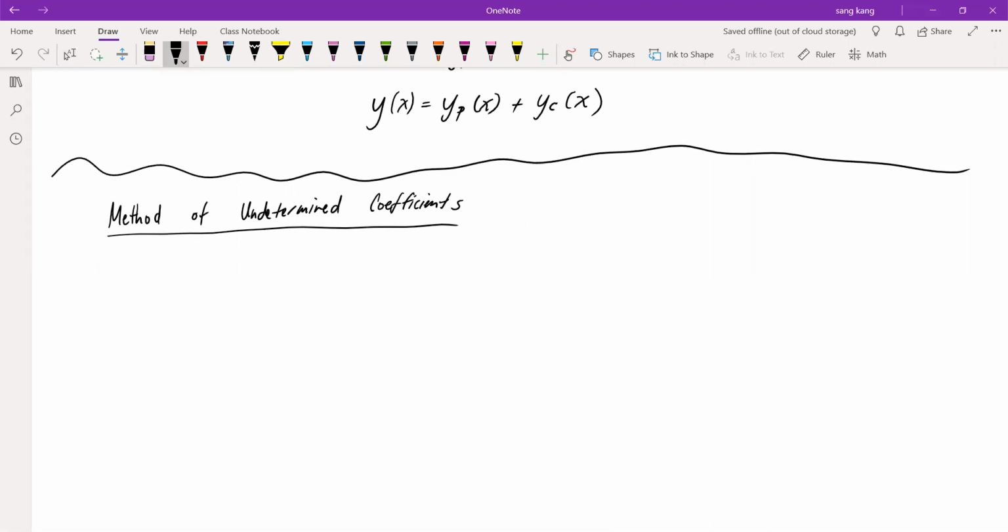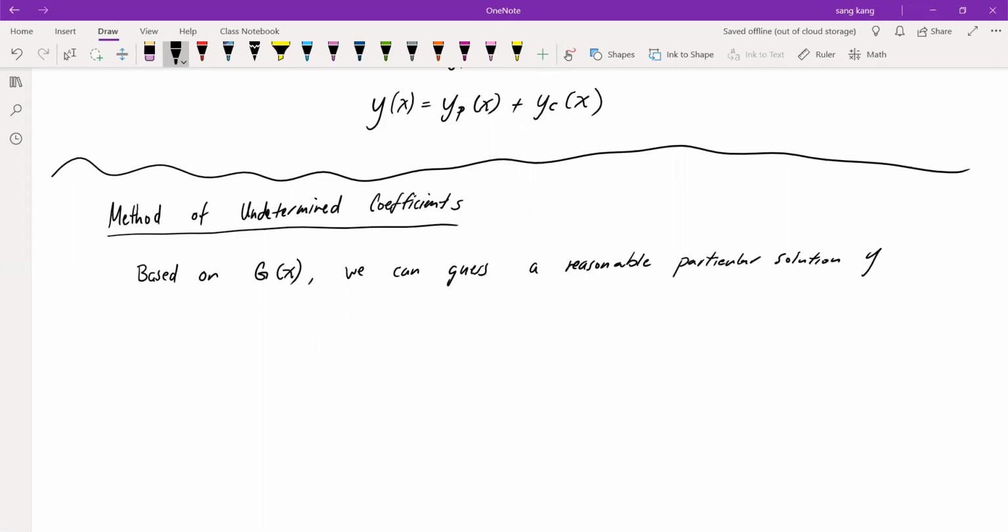So based on our g function, g is a function of x, we can guess a reasonable, we're not just pulling this out of thin air, a reasonable particular solution. Okay.